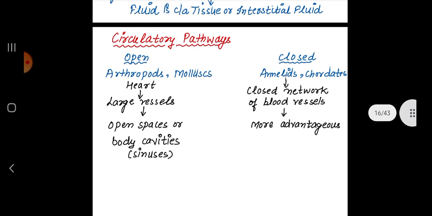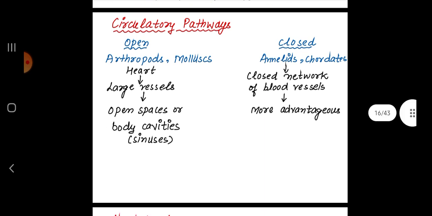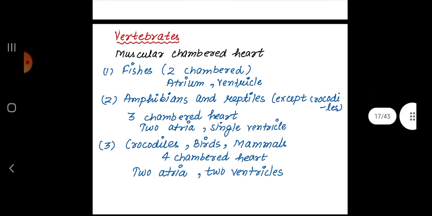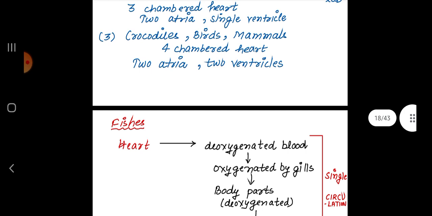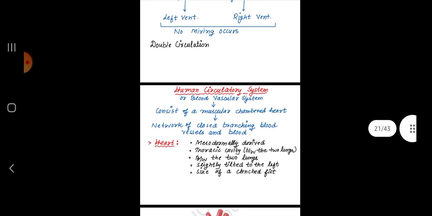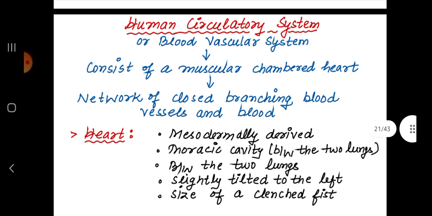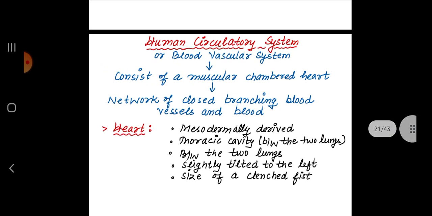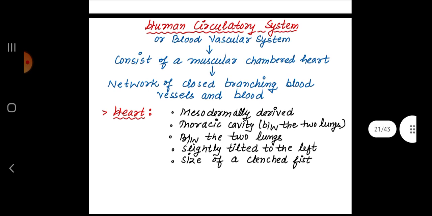Then circulatory pathways are open and closed. Closed circulation is seen in vertebrates, fishes, amphibians and crocodile. The human circulatory system, or blood vascular system, consists of a muscular chambered heart, a network of closed branching blood vessels, and blood.